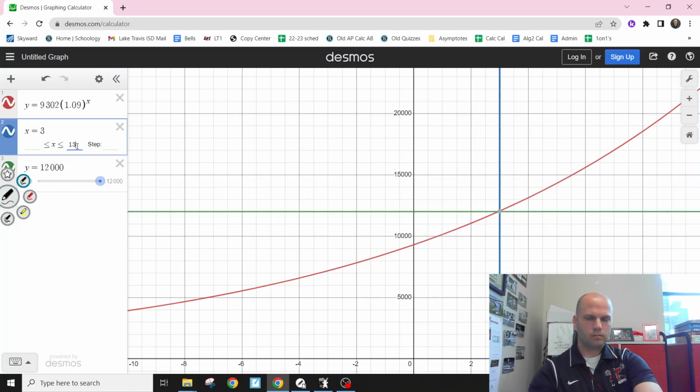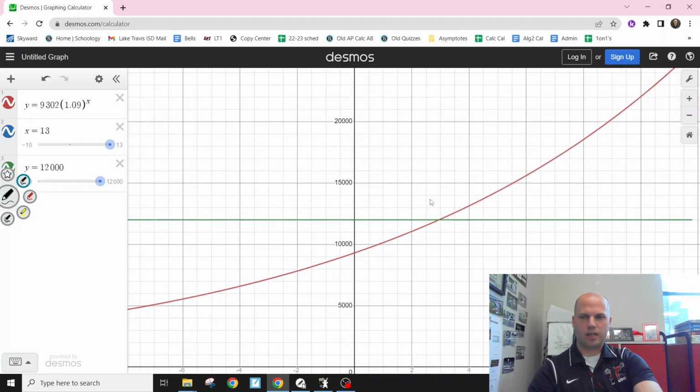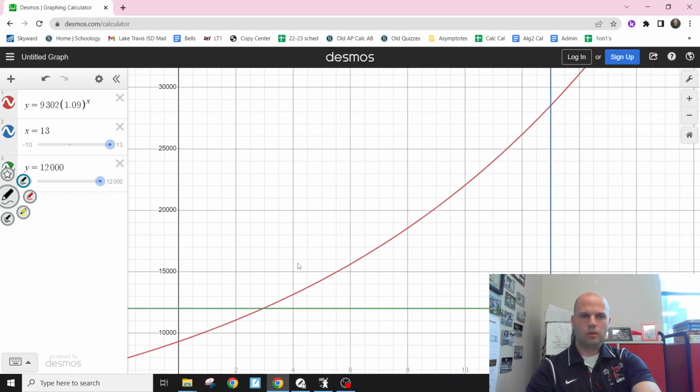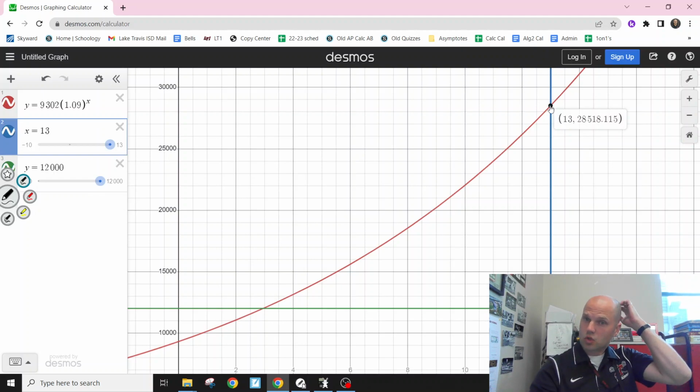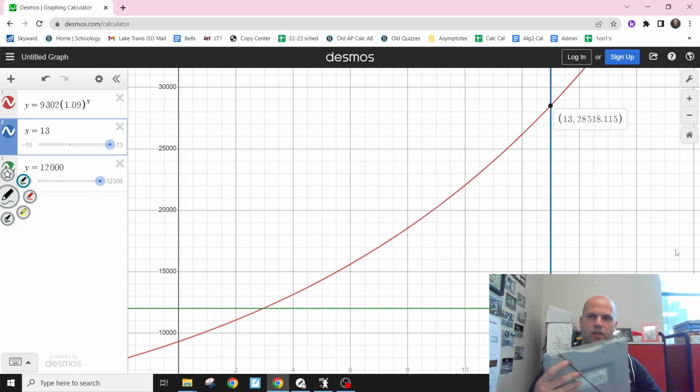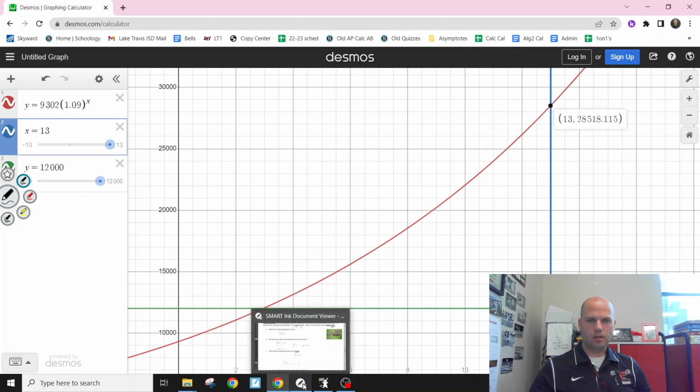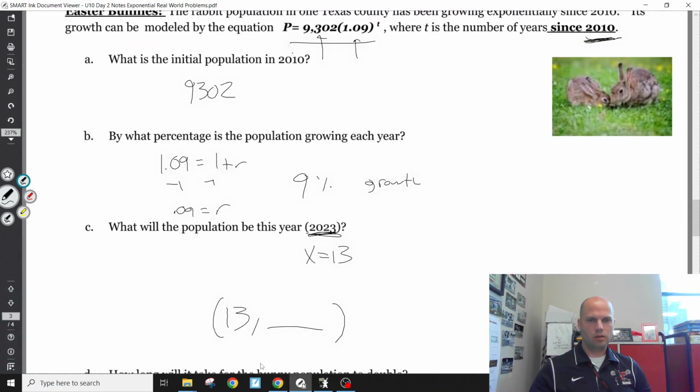I can't see 13, so I can shift the graph over and up to see 13. I got 28,518. That's my point there on my graph. That is the amount of rabbits.